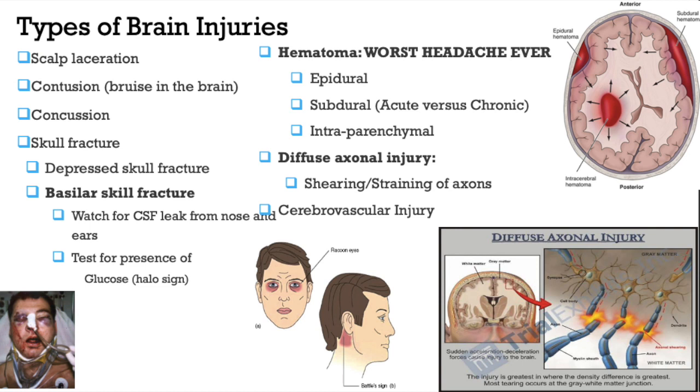So drainage of CSF can be a severe problem because it can predispose your patient to infection and develop something like meningitis, or even an abscess or osteomyelitis can occur if organisms gain access to those areas.